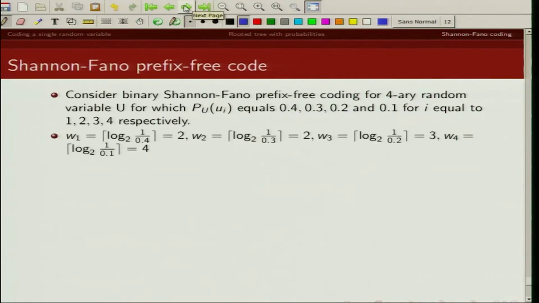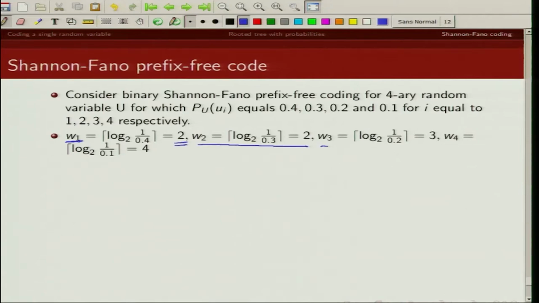According to Shannon-Fano coding, the code word length is given by the ceil function of log of 1 by pi. So the code word length corresponding to i equal to 1 is given by this.